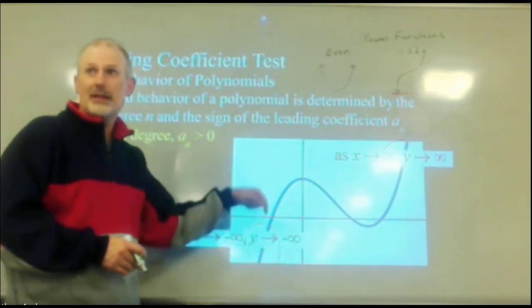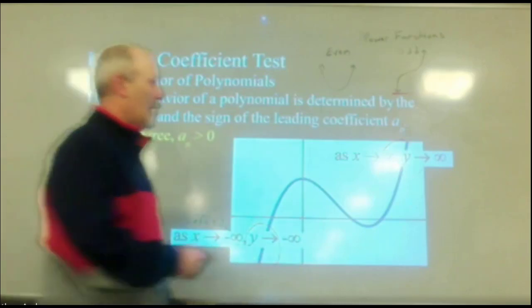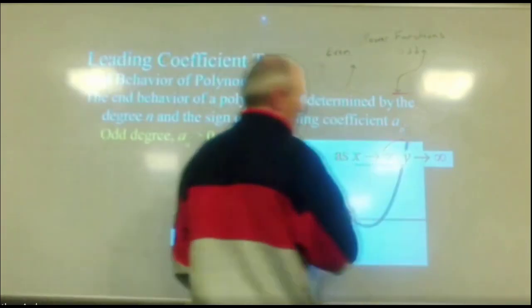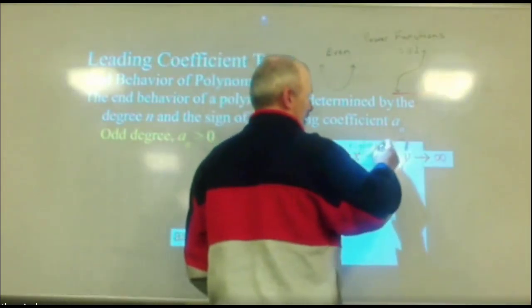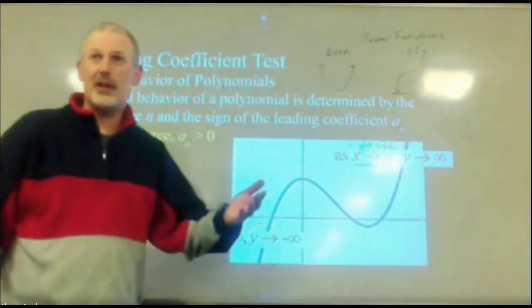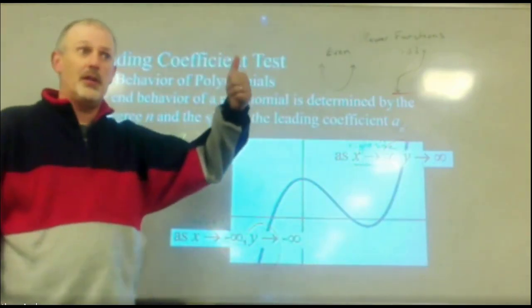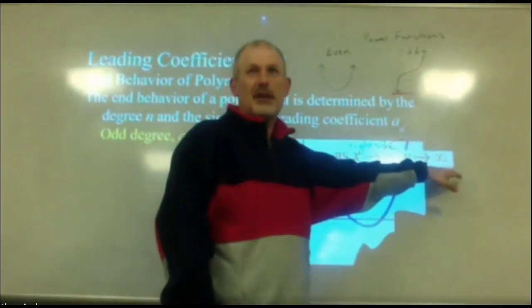That means it's going down. Okay. Now over here, as x approaches positive infinity, that means we're talking about the right side of the graph. And we can see what's happening over there. It's going up. So the way we describe that is y is approaching positive infinity. It's going up.